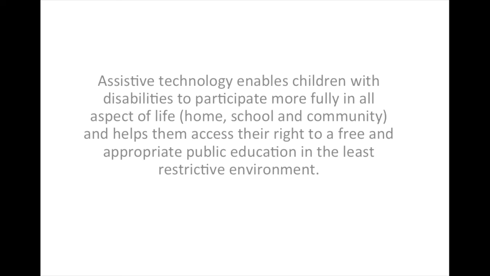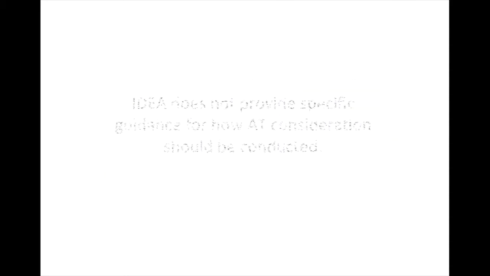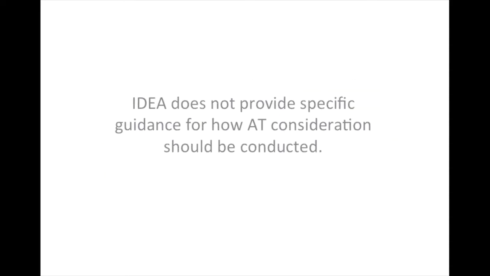Sometimes students need assistive technology to support them in the classroom and help them receive a free and appropriate public education. IDEA does not provide specific guidance for how assistive technology consideration should be conducted. Let's explore some ideas as we start the consideration process and explore a tool that can be of assistance.